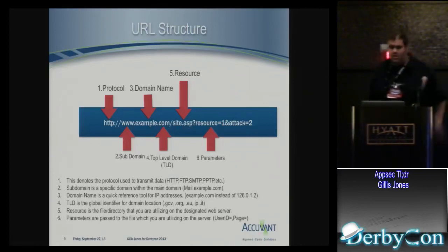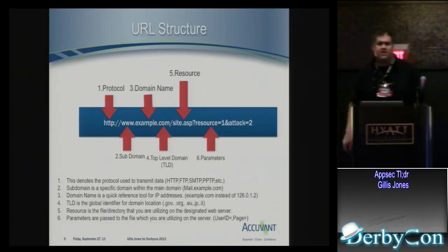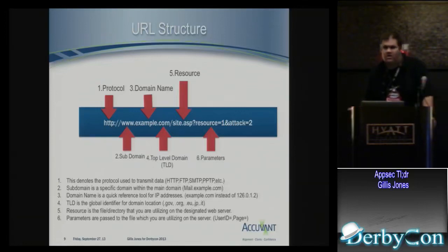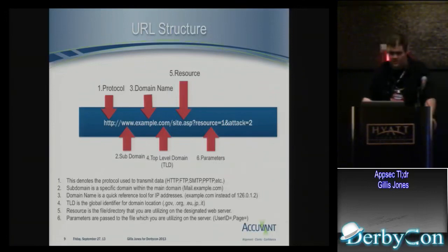The parameters are typically what you provide to the specific resource in order to modify the result of the page. Now, not only can these be passed via GET requests, but oftentimes in POST requests, which we'll get into later, they are used more intrinsically in the resources to modify content.